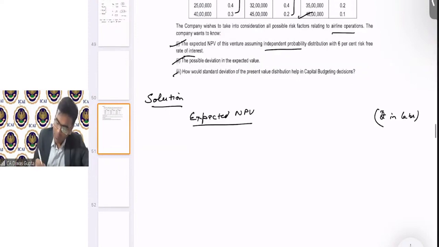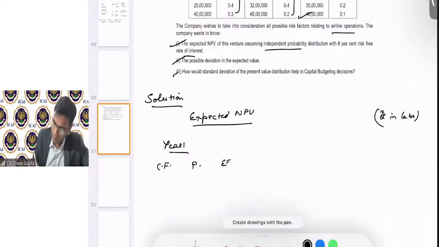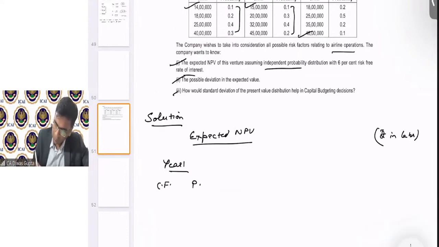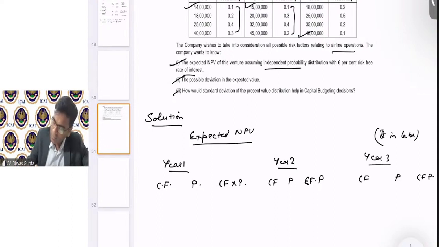So year 1: cash flow, probability, and then cash flow into probability. Year 2: cash flow, probability, and again expected cash flow, or cash flow into probability, by whatever name you want to call. Then similarly, year 3: cash flow, probability, and cash flow multiplied by probability.